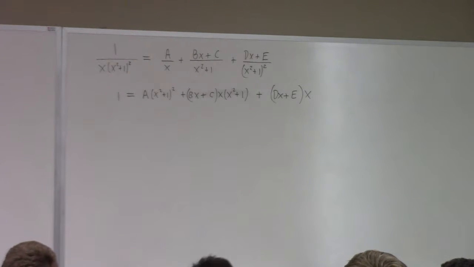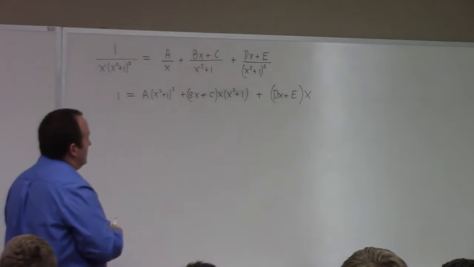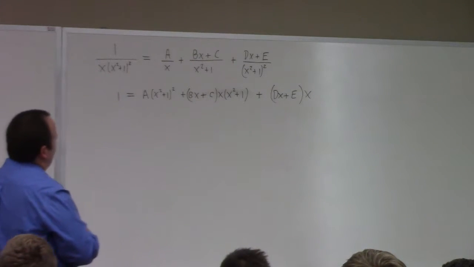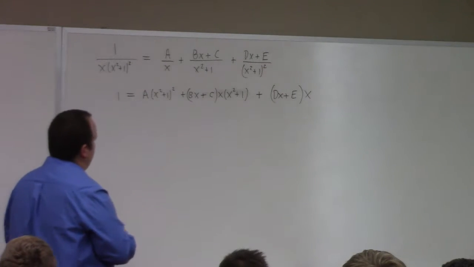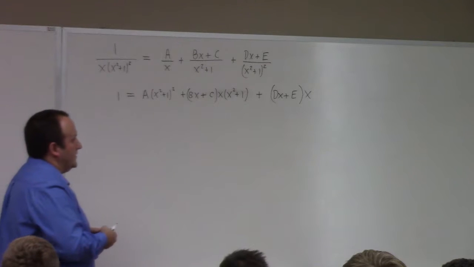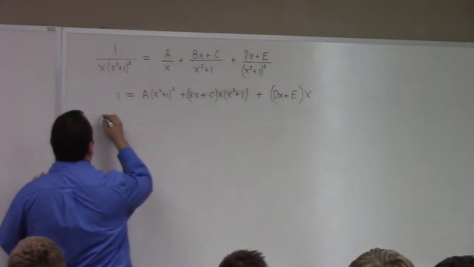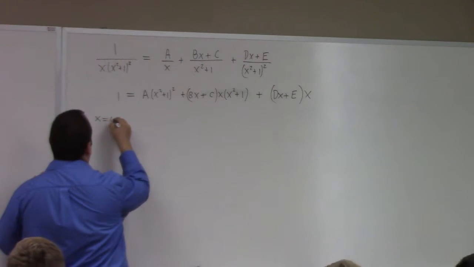This is not a step you should memorize, it's a step you should understand. But it should almost be effortless to you after you do a few of these. Now what then? Well, this one's kind of unpleasant to actually work out the algebra for. There's some pretty low-hanging fruit here. I can put x equals 0. What's that tell me?